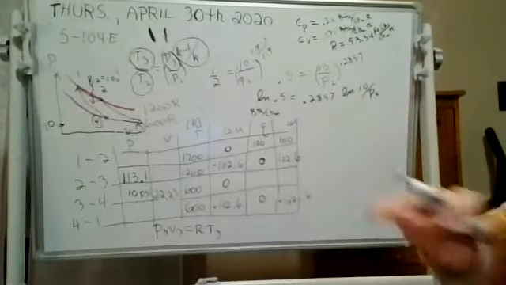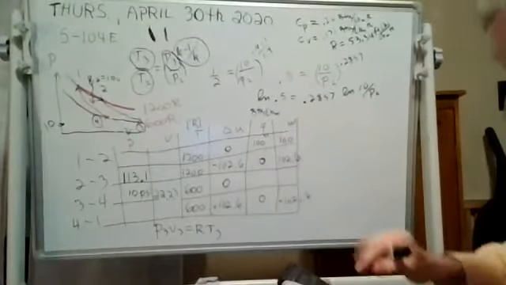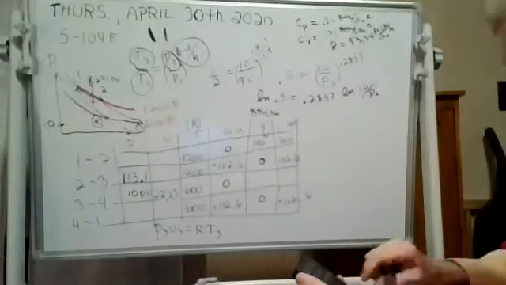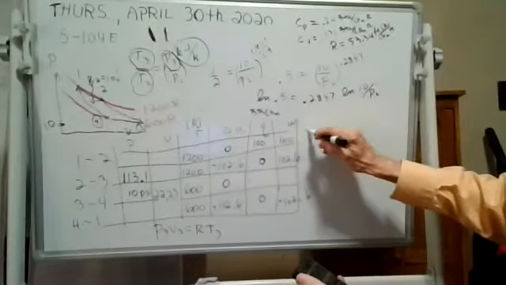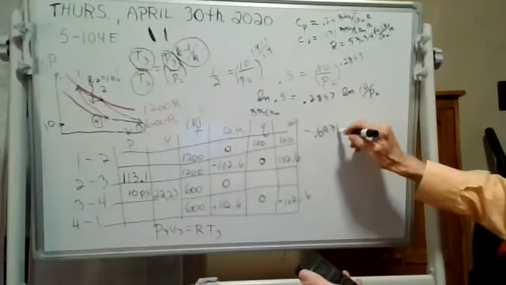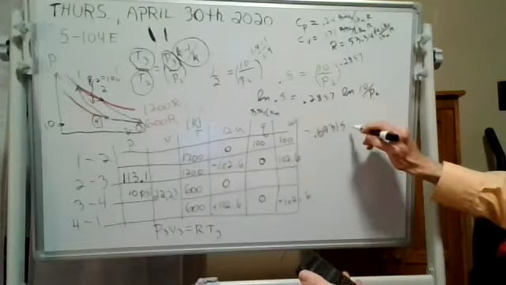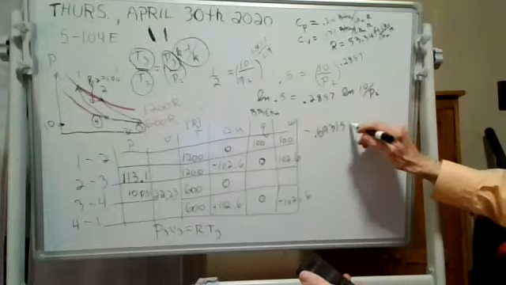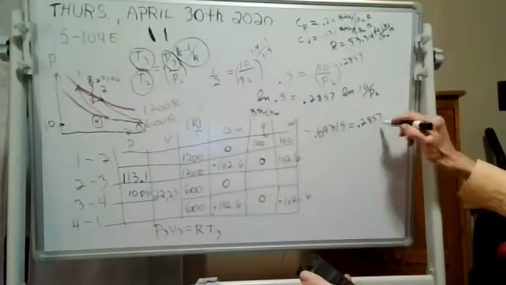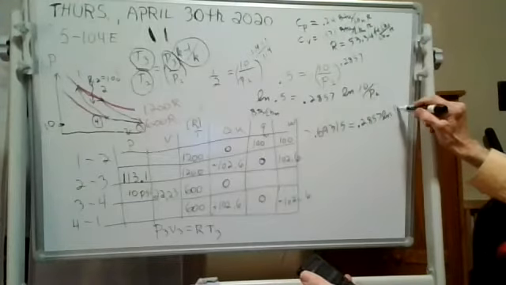Step by step, now I'm going to take the natural log of 0.5, and I'm getting negative 0.6931 something equals 0.2857 natural log of 10 over P2.